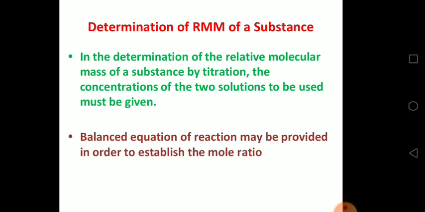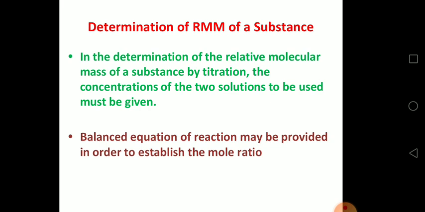Determination of relative molecular mass of a substance. Of course, the relative molecular mass is represented by RMM, and that's the short code for the relative molecular mass. In the determination of the relative molecular mass of a substance by titration, two things are important.